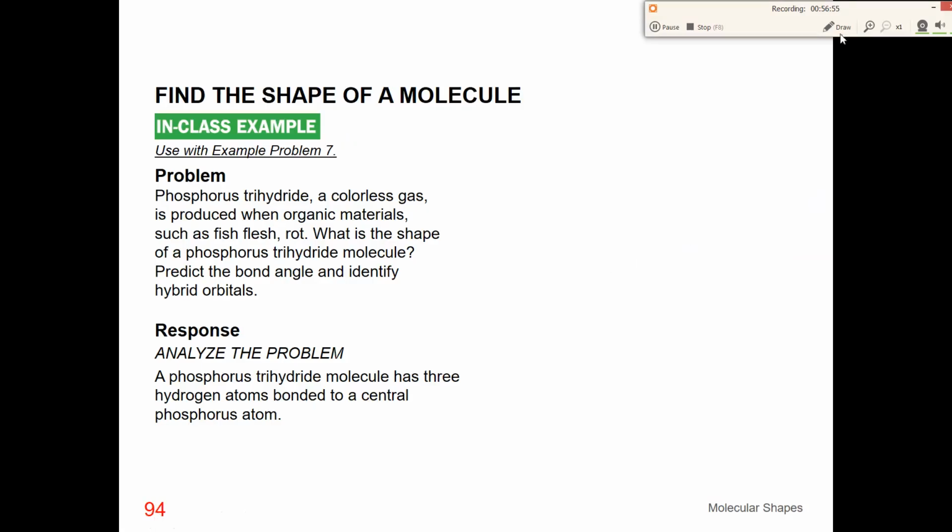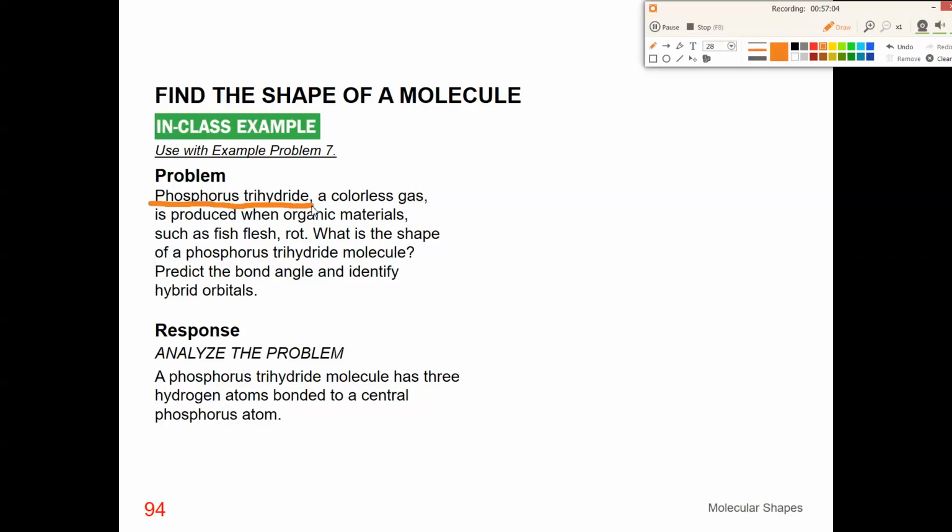Right. So here's the examples of how to figure out the geometry starting from the name of a compound.